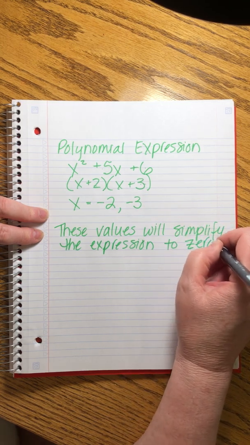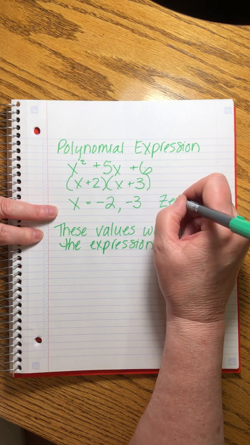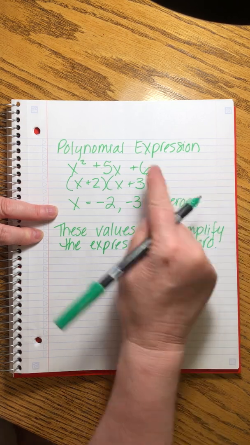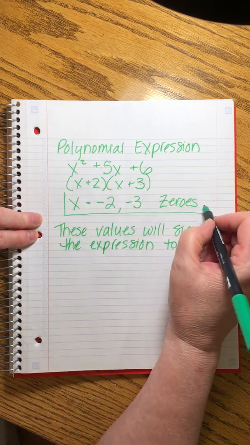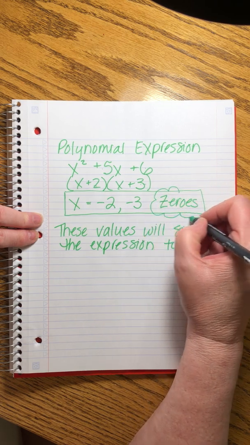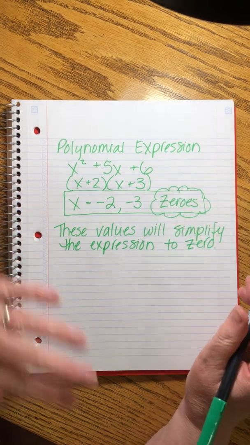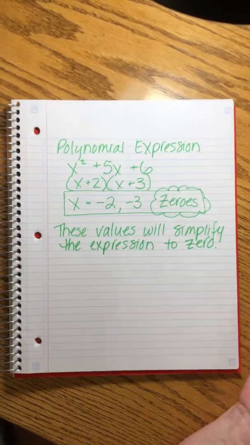And the fancy name that we have for these is that they are called the zeros of this expression. Okay, this is a fancy word that means if you put those in and then simplify, the whole thing will go to 0. They zero out the expression.